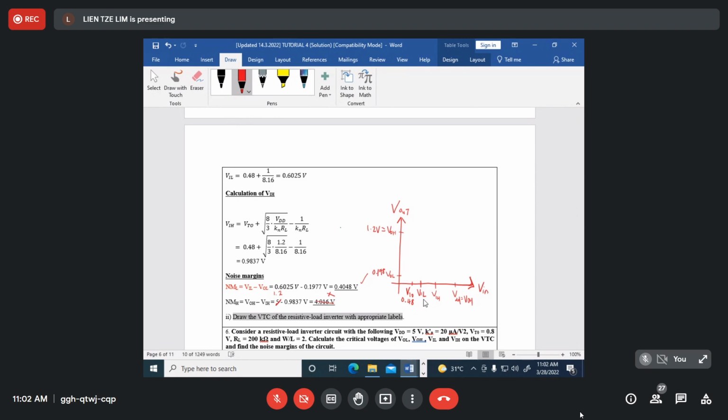This is VIL, 0.603. VIH is 0.9837. So this is VIL. The slope is here, and there is another slope here.